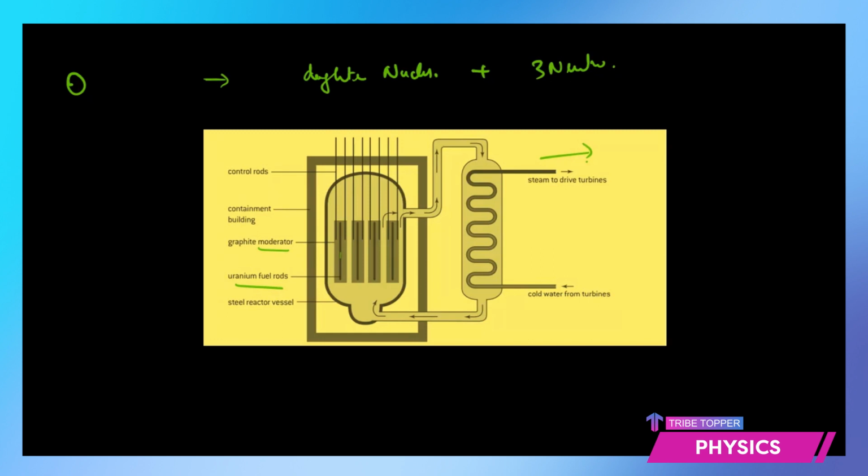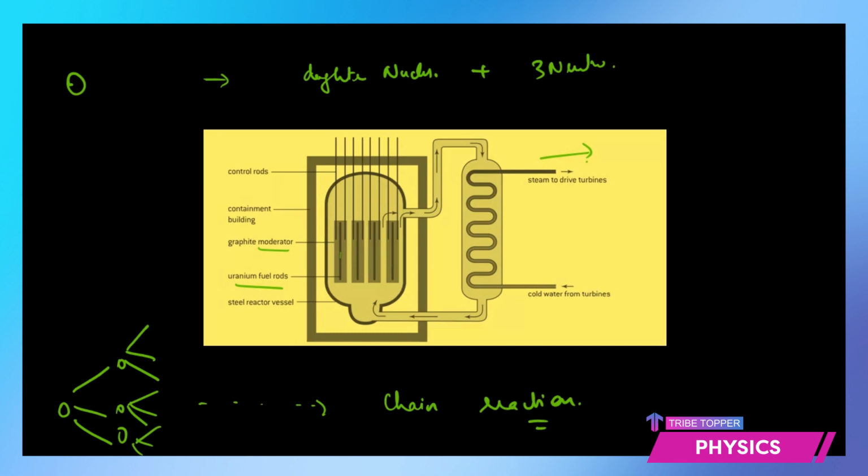So one neutron hits and produces three neutrons. Each of those neutrons is going to hit another uranium nucleus and produce three more neutrons, three more and three more. So one neutron produces three, three produce nine, nine produce 27 and so on. A chain reaction is set up in a nuclear reaction.